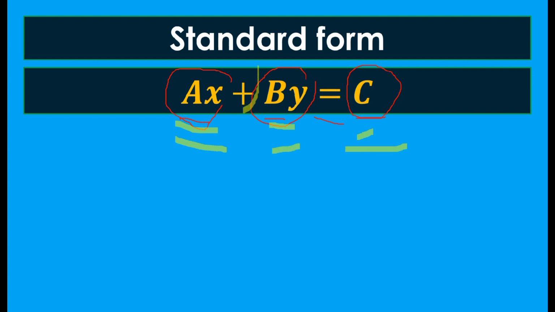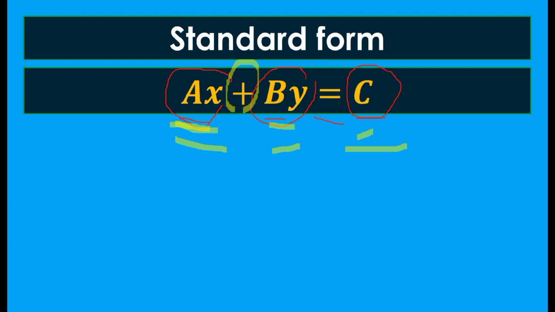Your plus here can be minus, but here in the ax, your a should always be positive. And your b, it can be a positive or it can be a negative. And your c, it can also be a positive or a negative, and it can also be 0.